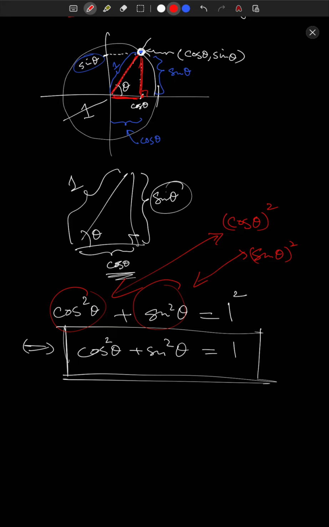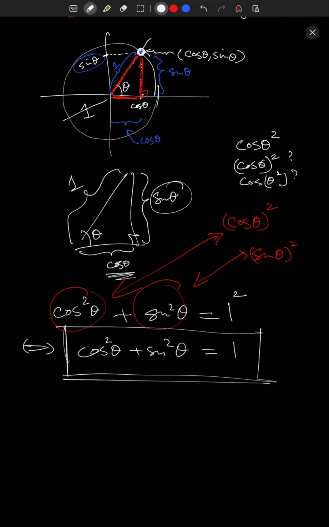I think the justification is that oftentimes people are lazy and don't put the parentheses. And if you do that, cosine theta squared looks like you could have some confusion. Does this mean cosine theta whole thing squared, or does it mean cosine theta squared, like you're squaring theta and then plugging it into the cosine?